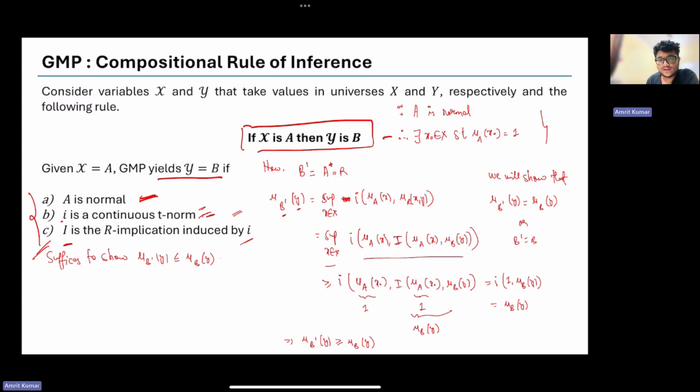So it suffices to show the other inequality, right? But this follows trivially. Why? Because we are using a continuous t-norm now, and therefore the R implication I, which is defined in this particular manner, has a very interesting property. And what is that interesting property? That the supremum is attained.